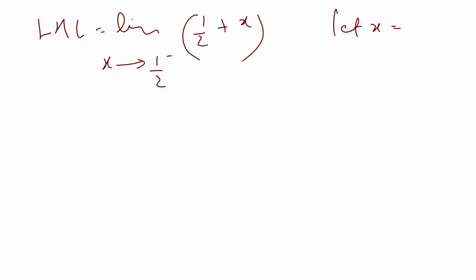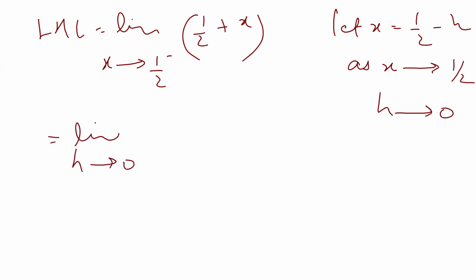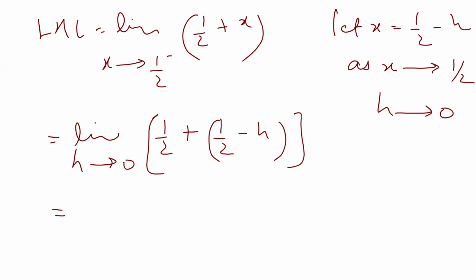Let x is equal to half minus h. As x approaches half, h will approach 0. So limit h approaches 0, half plus half minus h. The value of x is half minus h. Now there is no denominator, so we are going to put the value of h as 0. So this is going to be 1. So this is the left hand side.